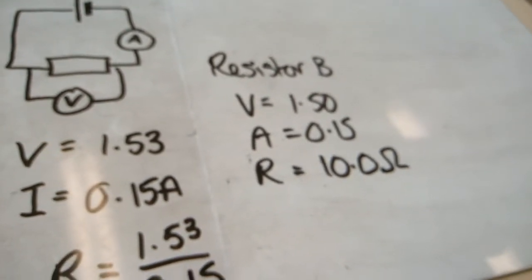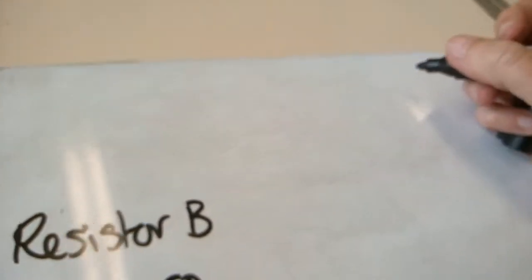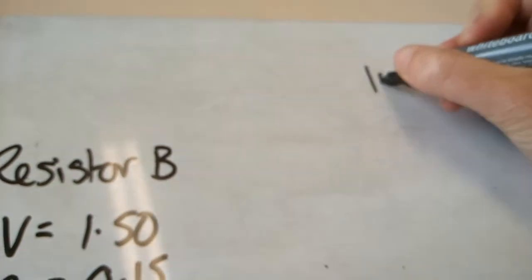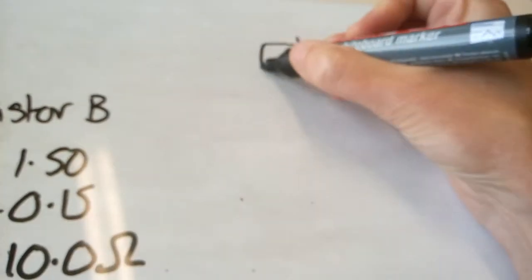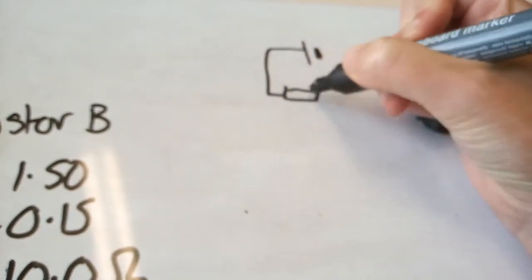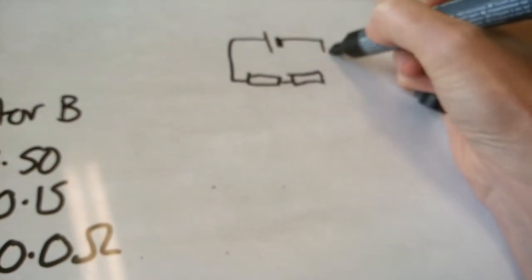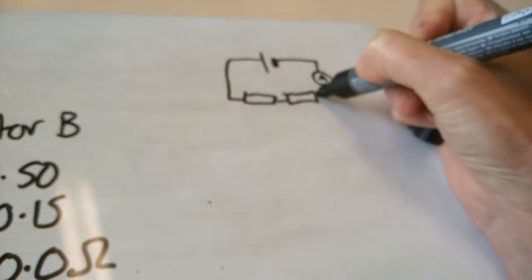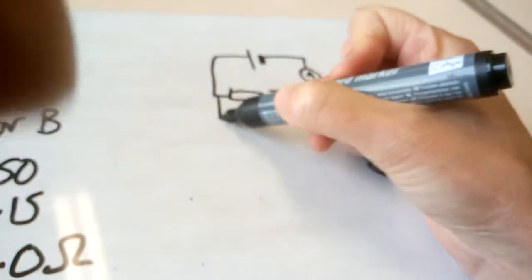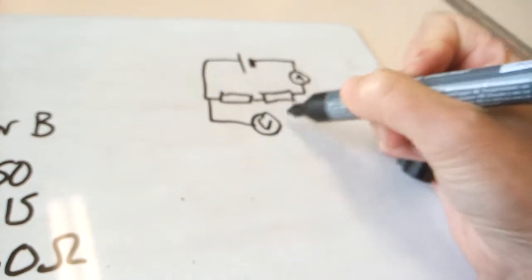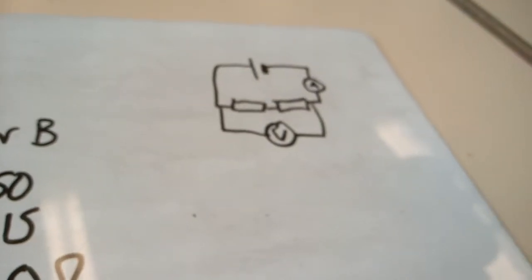You've just got to be a little bit careful in series. When you put them in series, make sure that you've got your ammeter in that circuit. Your voltmeter will need to be connected over both of those. Okay, so I'll just set it up quickly so I can show you how it needs to be set up.